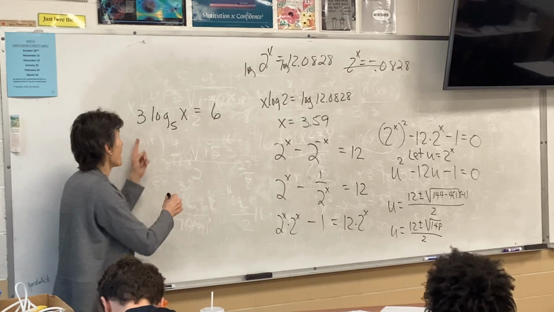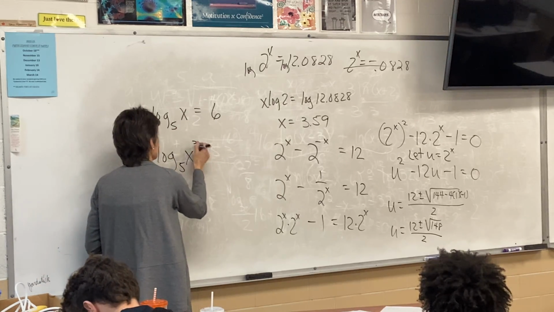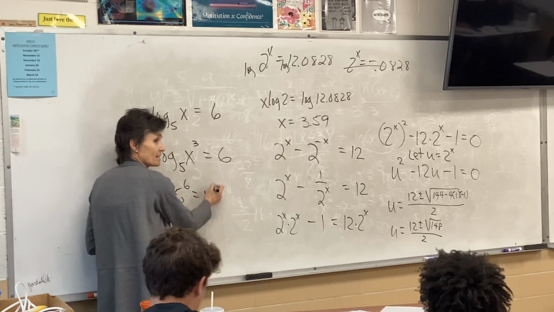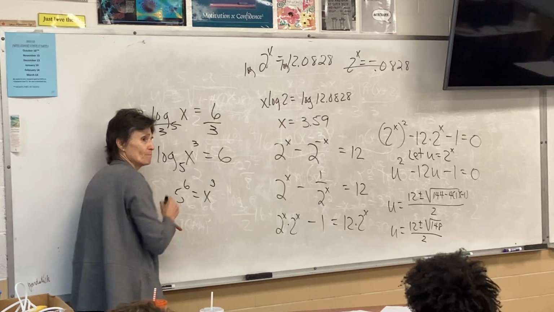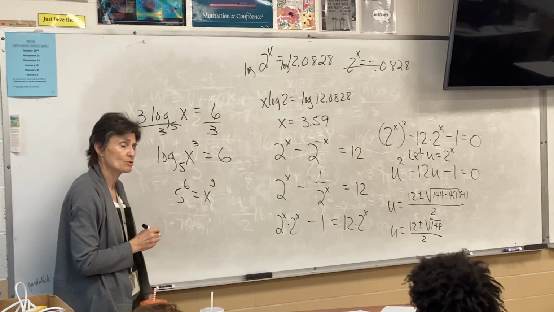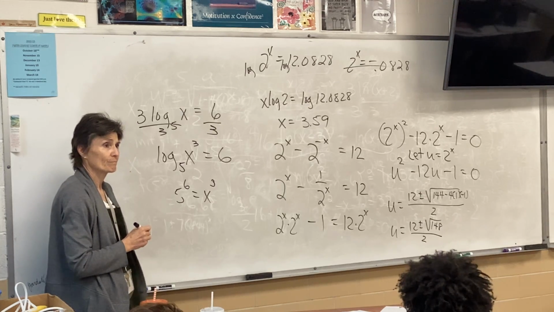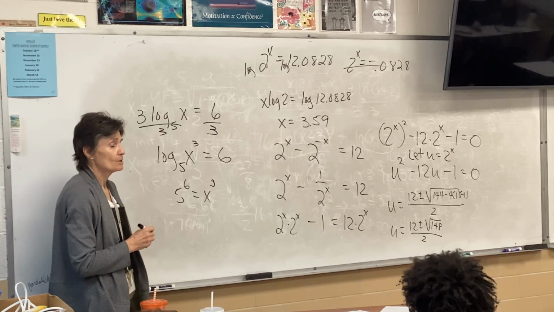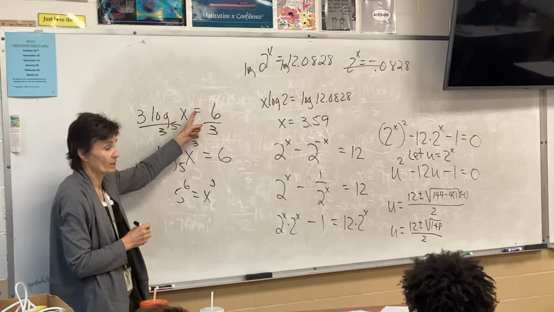So if you're gonna do that, which I would never recommend in a million years, it's 5 to the 6th equals x cubed. I would just divide both sides by 3 and do 5 squared, so the answer's 25. When you start rewriting logarithms, you can't have a number out in front unless you have rewritten it as an exponent.